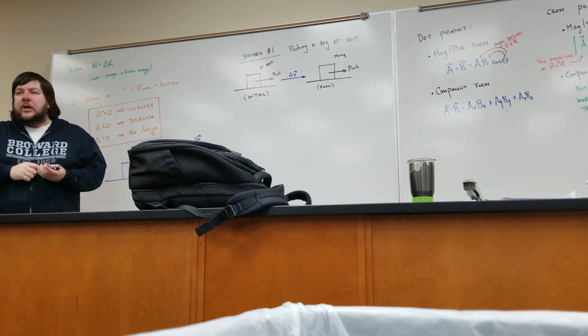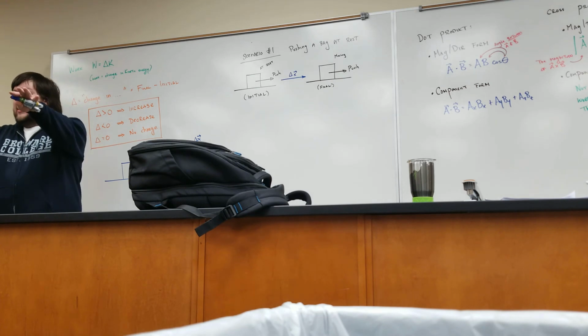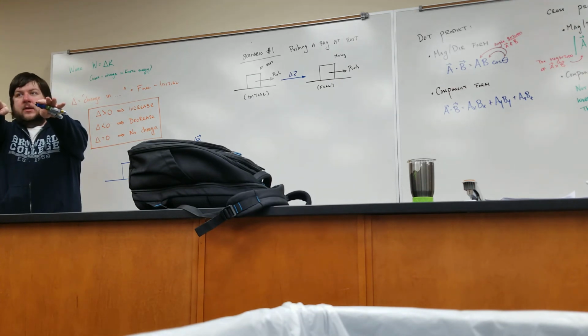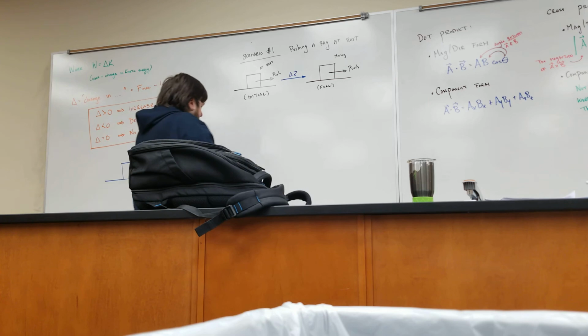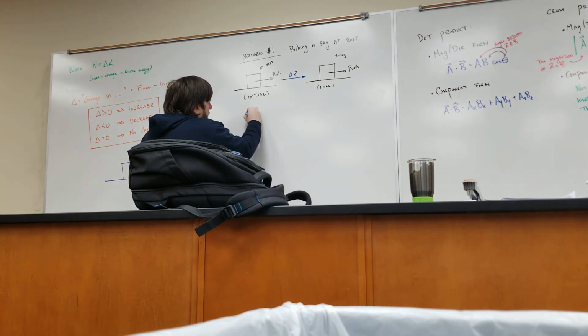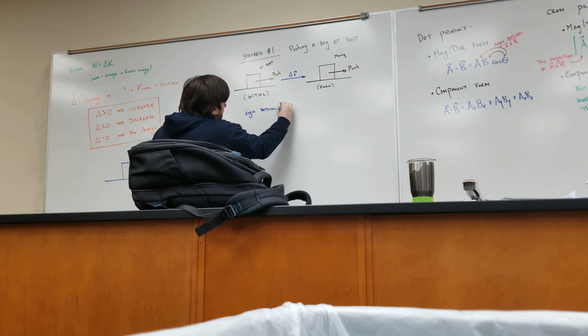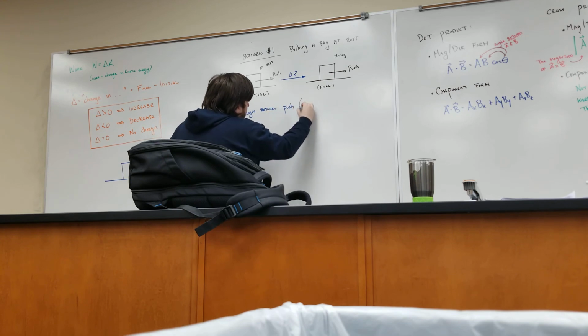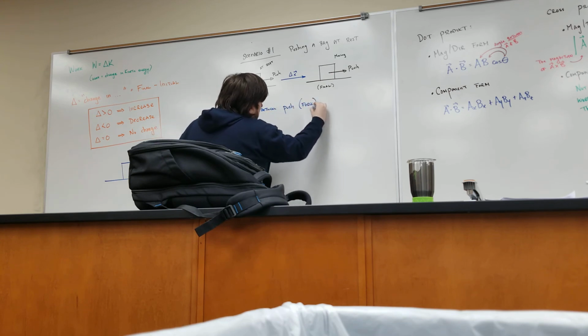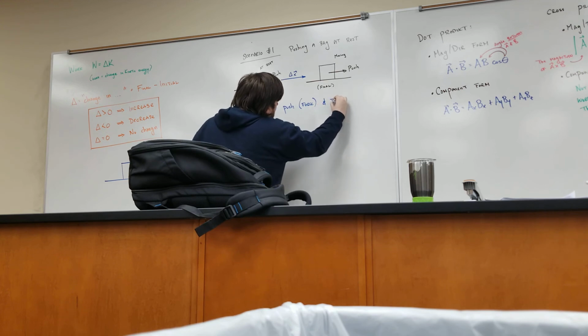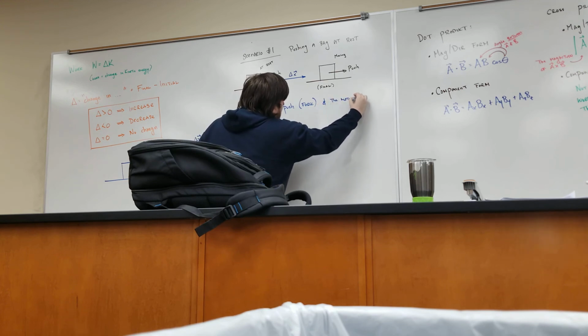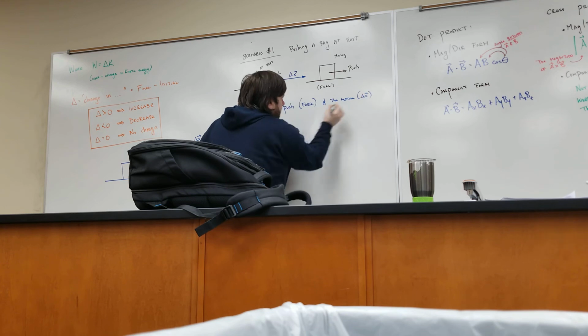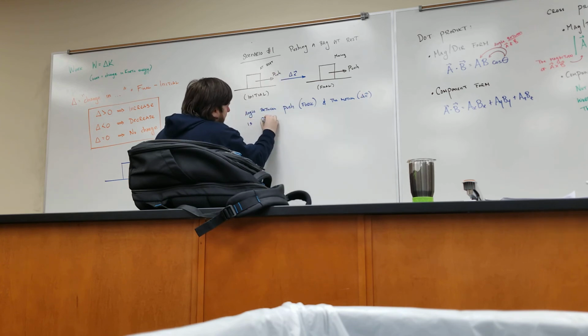What is the angle between the pushing and the motion? 0. They are parallel, right? So the angle between the push, which is our force, and the motion, which we call delta x, is theta equals 0.